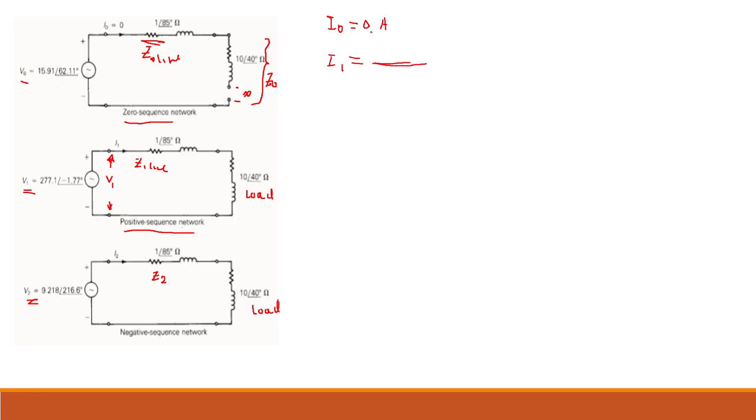We have a voltage of 277 minus 177 volts divided by 185 plus 10 with an angle of 40 degrees.